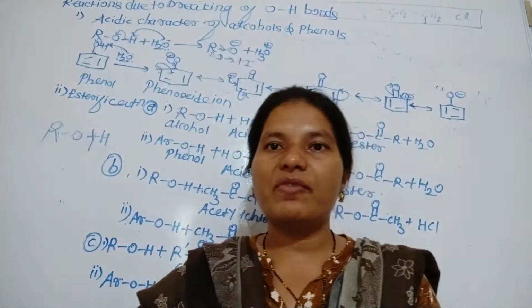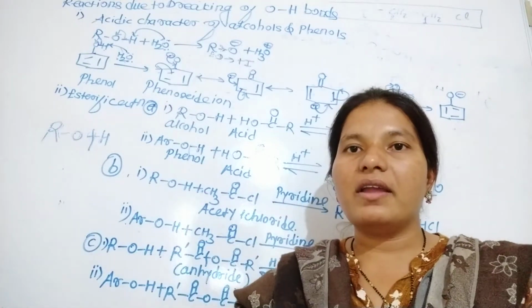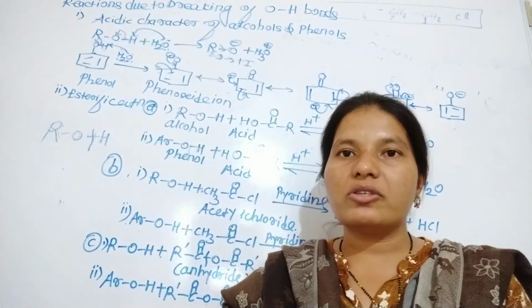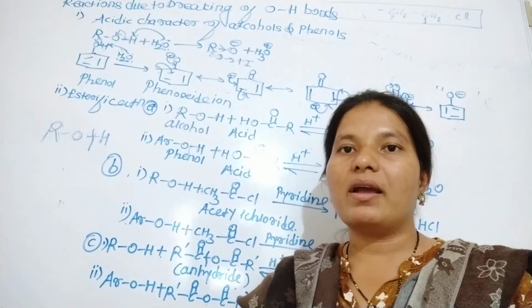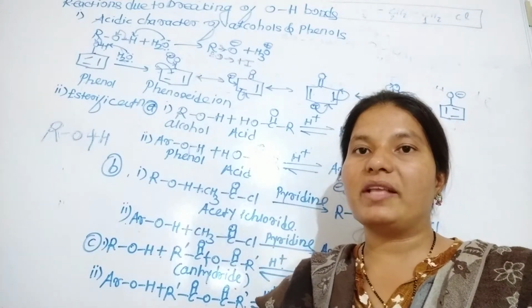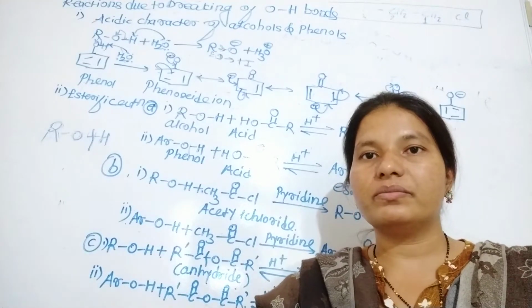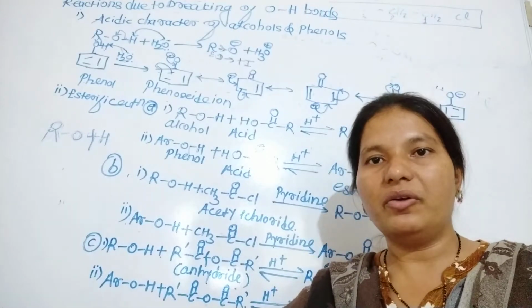Among phenol and phenoxide ion, phenoxide ion is more stable, because there is maximum delocalization of the pi bond, and maximum resonating structures are formed as compared to the phenol.